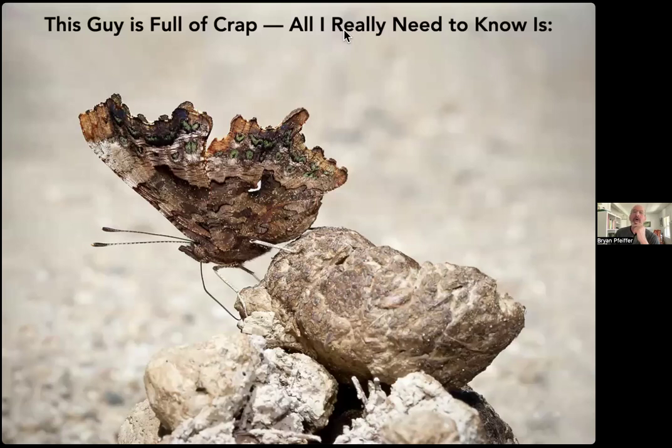And also, if you decide that I'm giving you way too much technical information and you can't really deal with all the stuff I'm giving you, I'm going to give you the key points when you see this slide. This is Polygonia faunus, green comma, and I think it's on really old bear scat, or maybe old worn coyote scat.